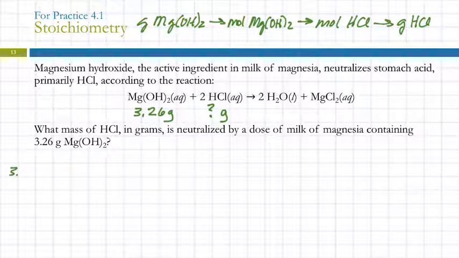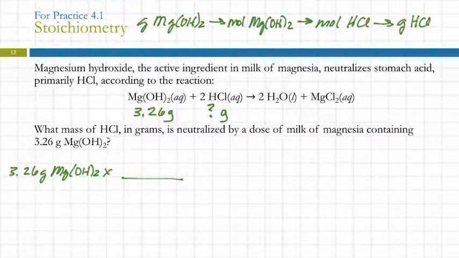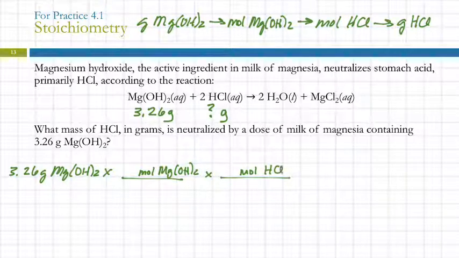Now I'm going to write out my equation. Units first. So here's my magnesium hydroxide. There are 3 arrows, so I have 3 factors. First will be moles of magnesium hydroxide, and then moles of HCl, and then grams of HCl.